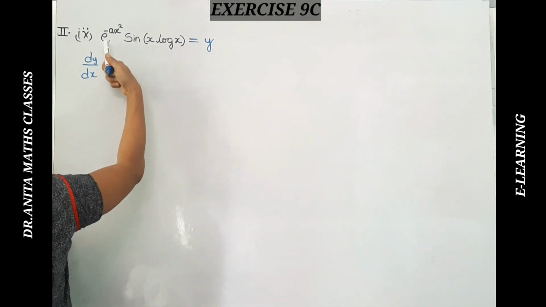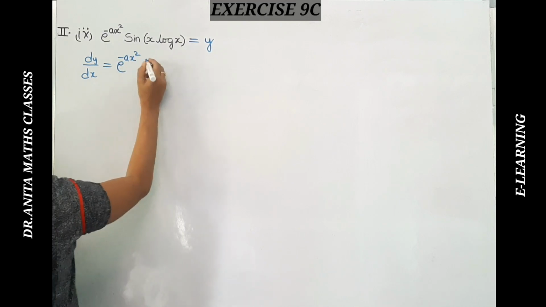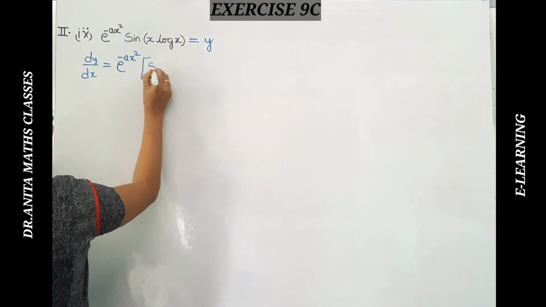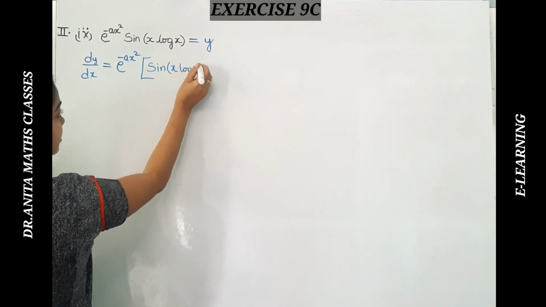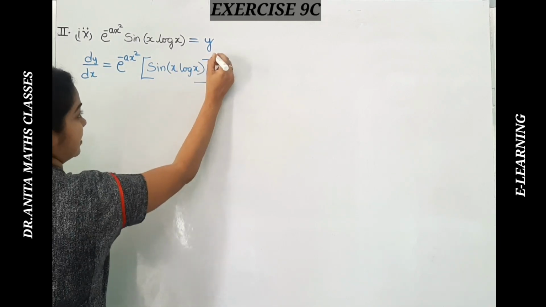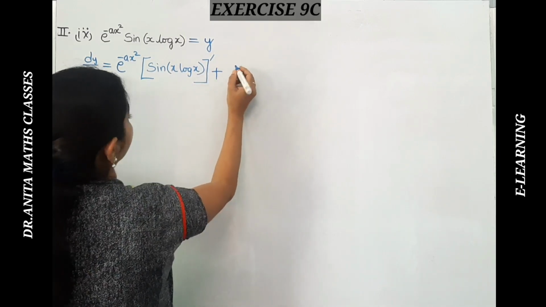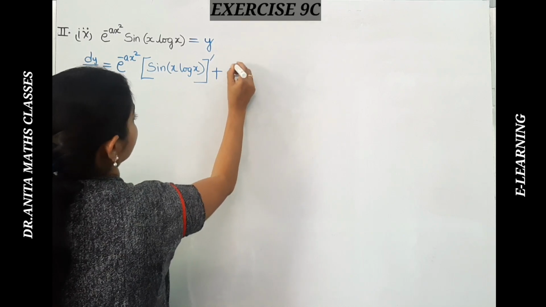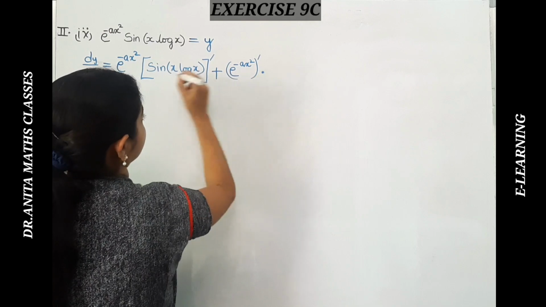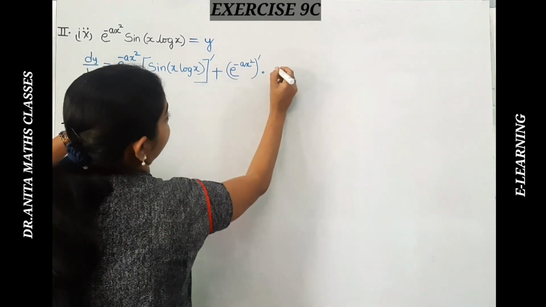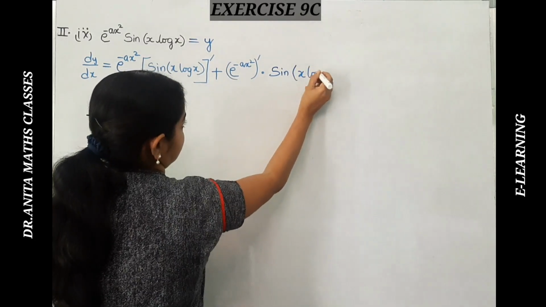This is u, so u as it is, and the derivative of sine x log x, so write the derivative like this, plus, this is v dash, so again we will be taking u dash into v, so we get sine of x log x.